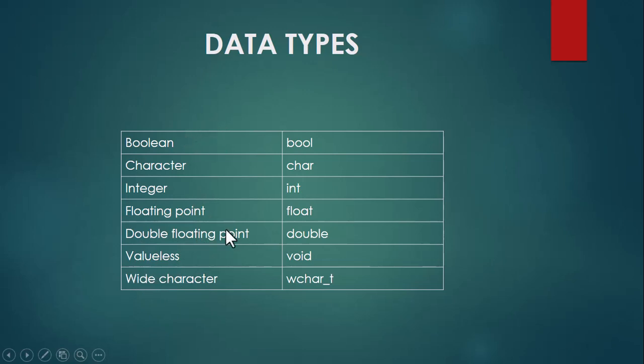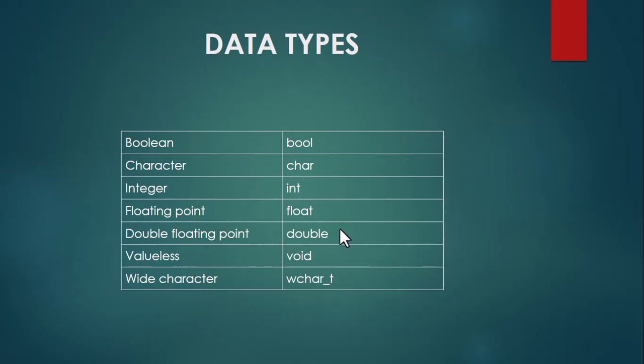Those are the names, and these are the keywords: bool, char, int, float, double, void, wchar_t. They are the basic data types.